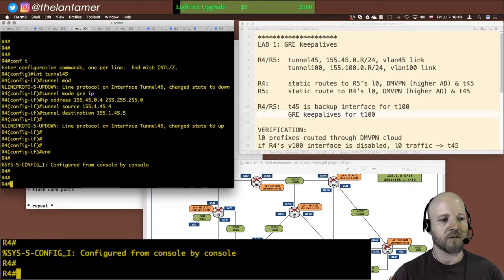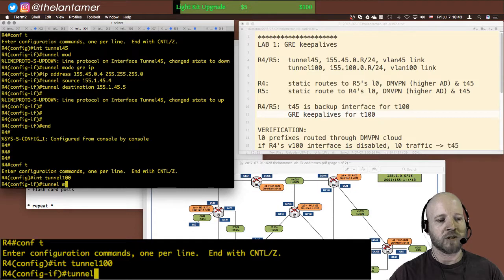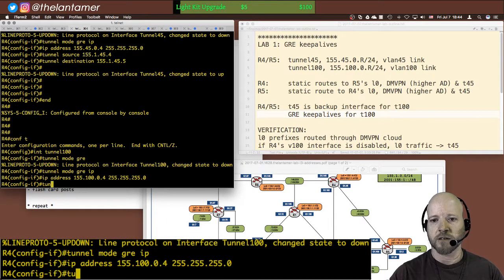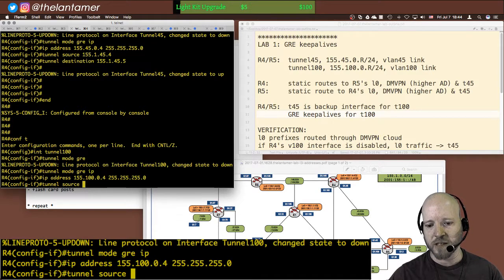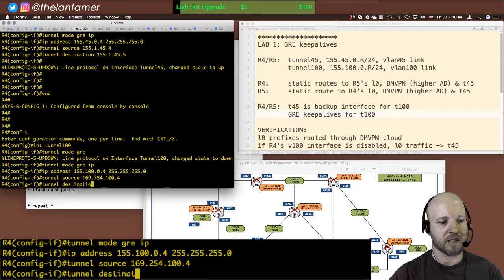Now let's do tunnel 100. Tunnel mode GRE, IP address 155.100.0.4, and tunnel source. This is the VLAN 100 link, and this is where I went wrong yesterday, because it is not these. I need to make a new box for VLAN 100, because that DMVPN is 169.254.100.4 tunnel destination.